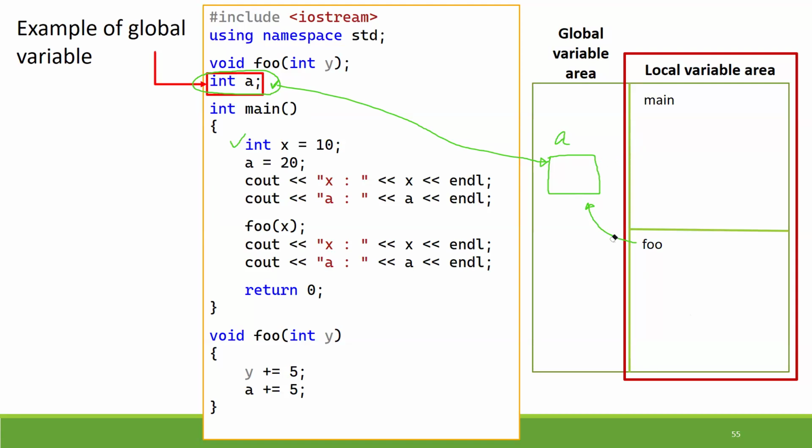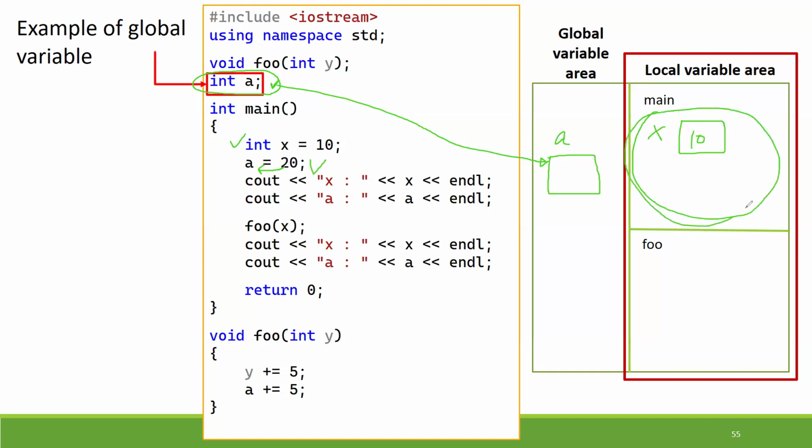So in the main, x is created, right? And guys, look at this one. Rene, I'll explain this. Here, 20 is assigned to A, right? Then at this line, the computer will see if there is an A in the main.